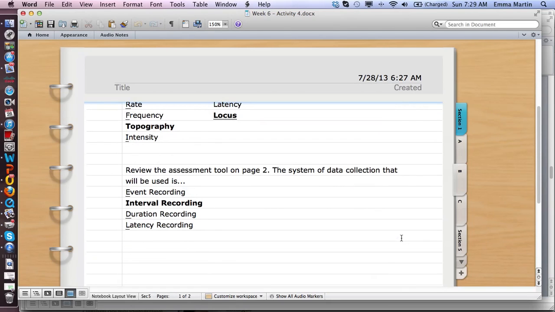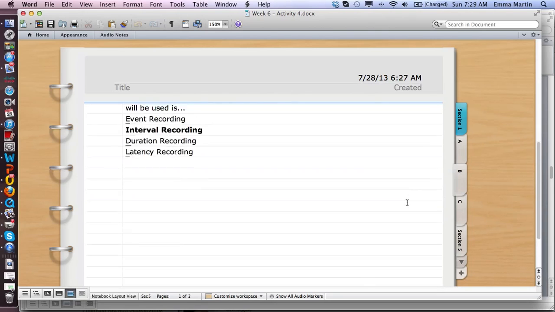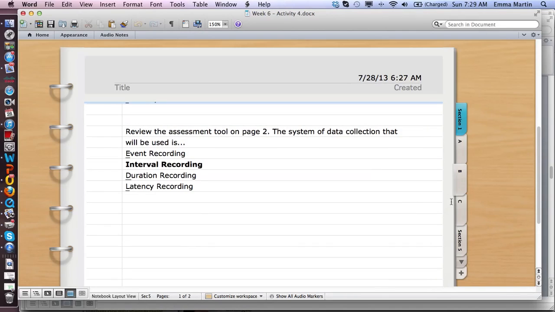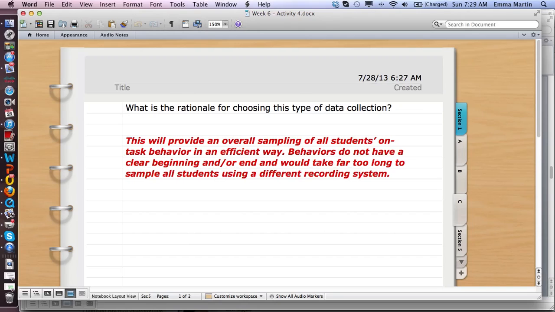If we look at our tool on the next page, this is an interval recording. That's probably the most efficient way for us to collect behavior data. If we were to come up with a rationale, this is the one that I would choose: this provides an overall sampling of all students' on-task behavior in an efficient way.